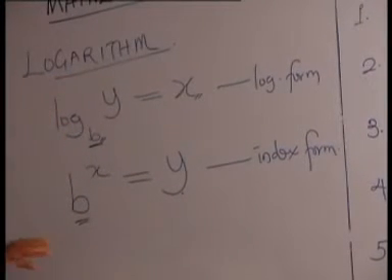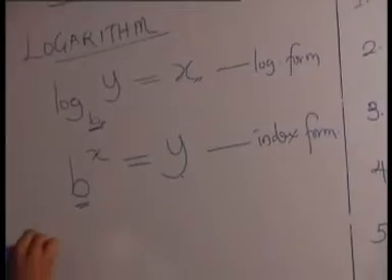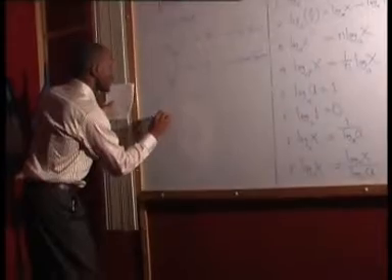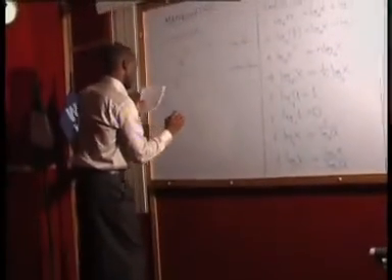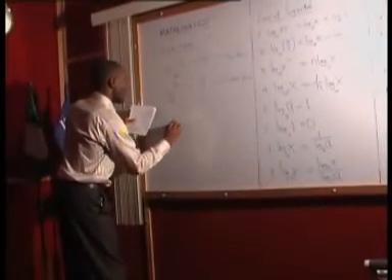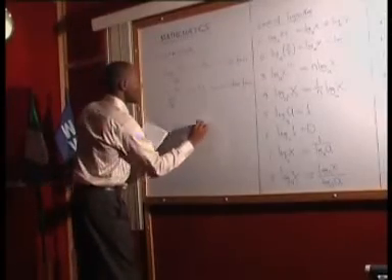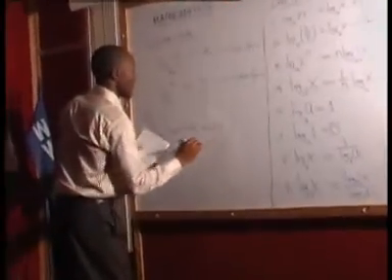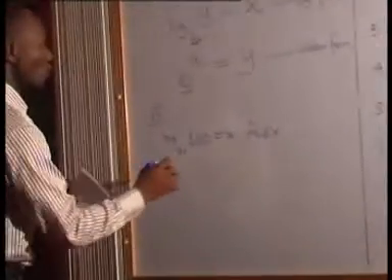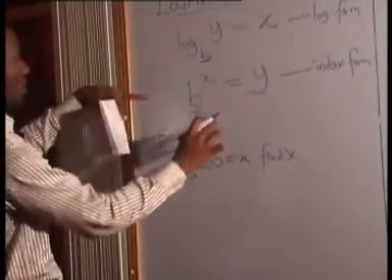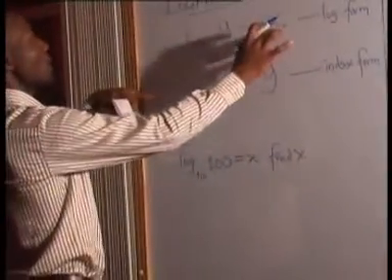So let's quickly look at the applications of these laws by checking some examples. For example, log 100 to base 10. If it is x, find x. By this relation, if we say b raised to power x, it should give us y.